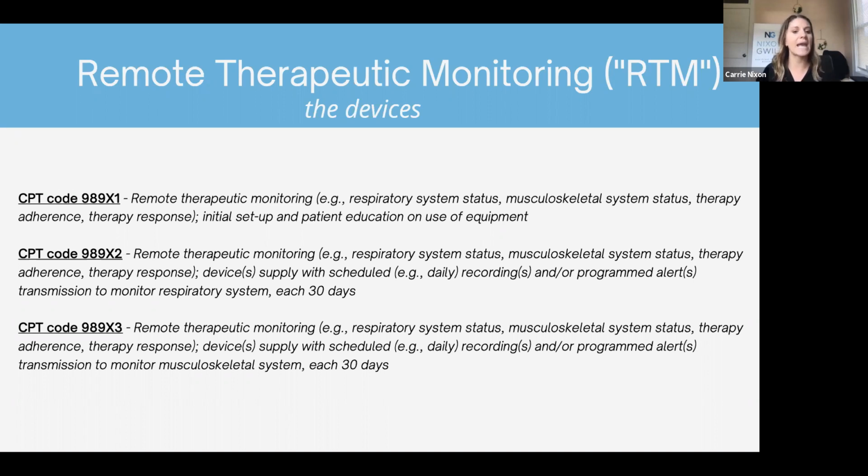Whenever I say MSK, I'm referring to musculoskeletal and that limitation that's set forth in this 989X3. So take note of that because that is very different than RPM, which is a condition agnostic code that reimburses for any device that monitors physiologic data. These 2 are very, very specific for devices that monitor the respiratory system or the musculoskeletal system.